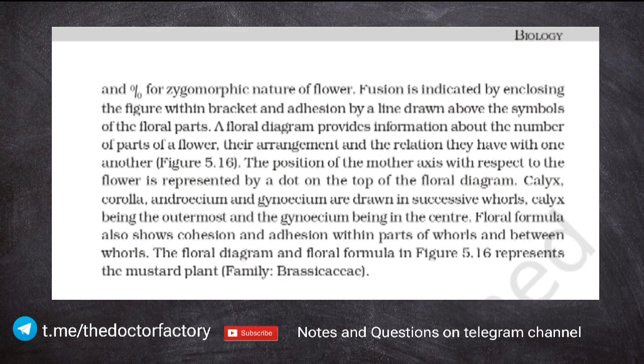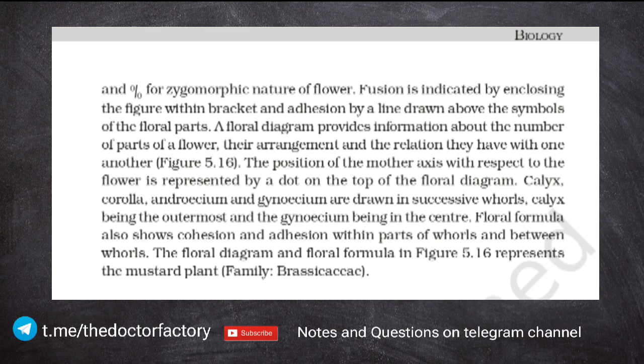Fusion is indicated by enclosing the figure within bracket and adhesion by a line drawn above the symbols of the floral parts. A floral diagram provides information about the number of parts of a flower, the arrangement and the relation they have with one another. The position of the mother axis with respect to the flower is represented by a dot on the top of the floral diagram.